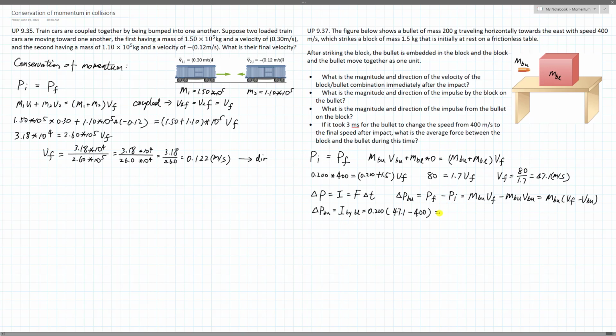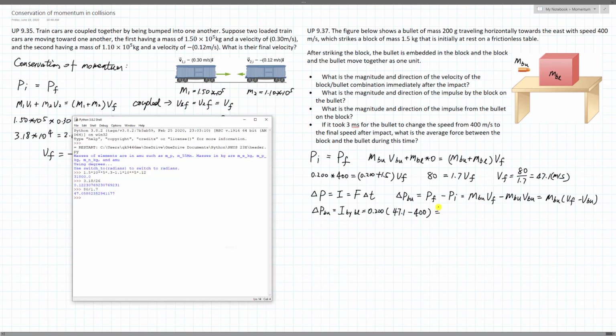Okay, so let's use our calculator. 47.1 minus 400, so that's the change of velocity. That value times 0.2, so we have a negative 70.6 of impulse.